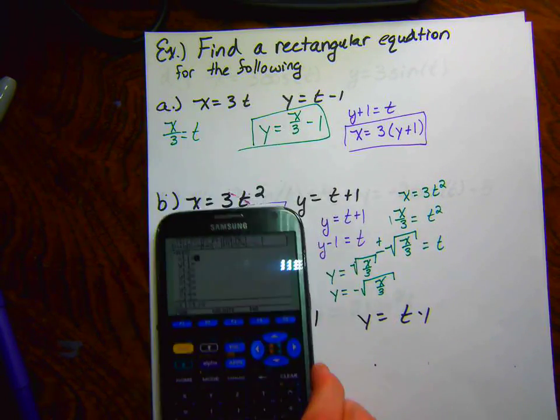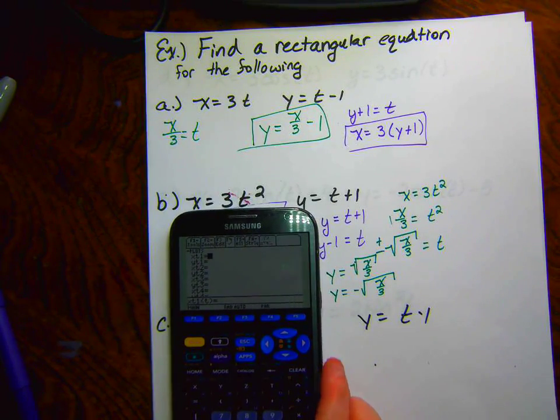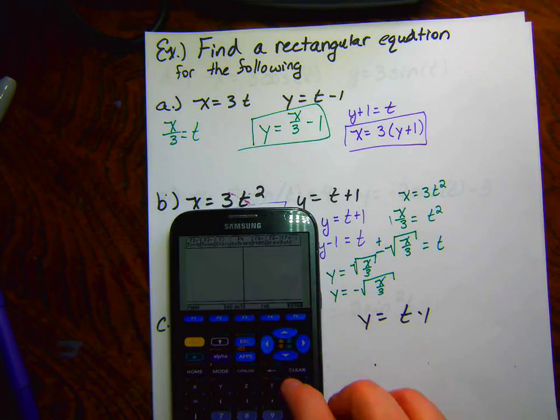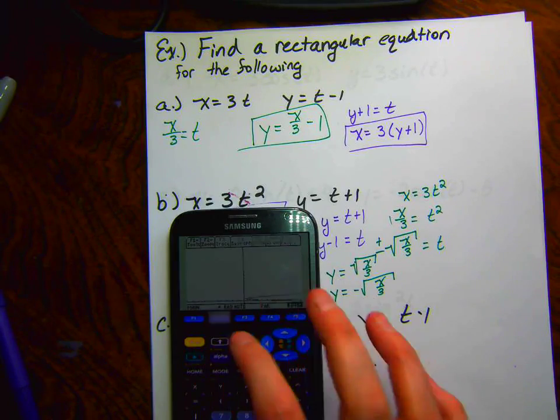Okay, so let's go ahead and graph this one right here. So we're going to have 3t squared for our x value. Our y is going to be t plus 1. Okay, now let's go to our graph and change our window.